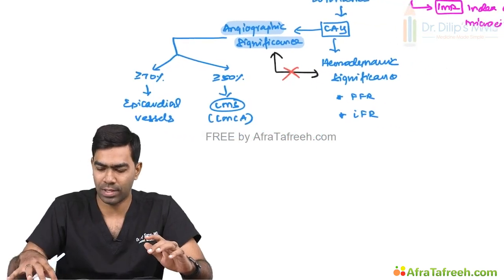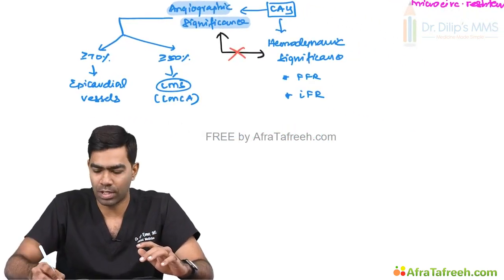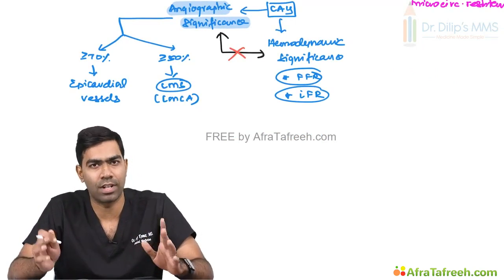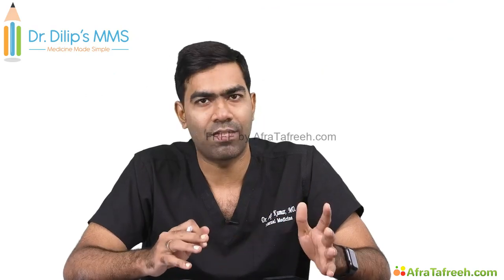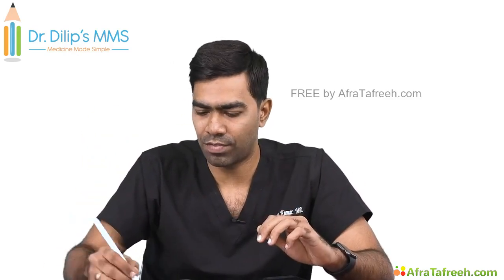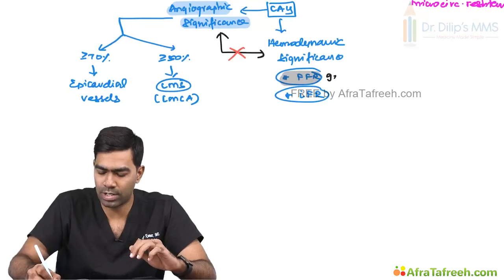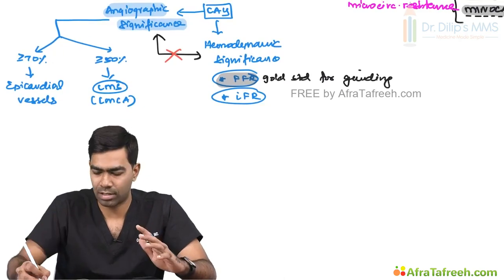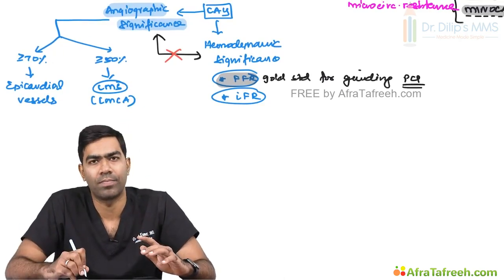To address the hemodynamic significance of a lesion, we use FFR and iFR, that is fractional flow reserve and instantaneous wave-free ratio. Remember, FFR and iFR can be assessed during the coronary angiogram itself. Whenever you see a lesion more than 50% and less than 90%, FFR is really helpful for guiding PCI, whether to do PCI or not. That's why FFR is currently considered the gold standard for guiding therapy, especially in patients with this gray area kind of stenosis.